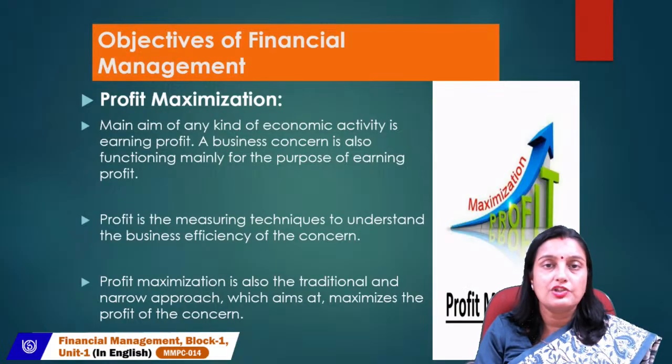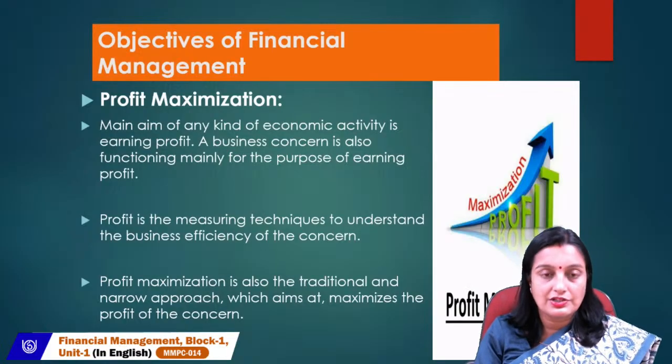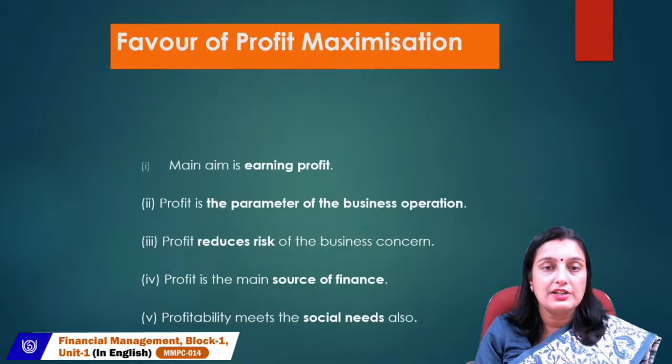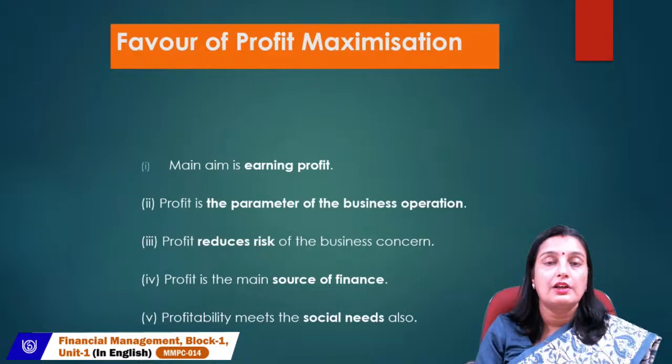So why is wealth maximization superior to profit maximization? There are certain arguments in favor of and against profit maximization, and on the basis of that, the conclusion is that wealth maximization is the superior objective.